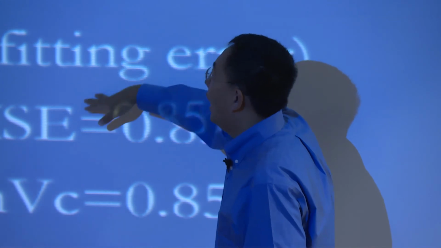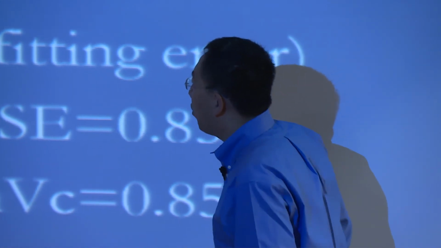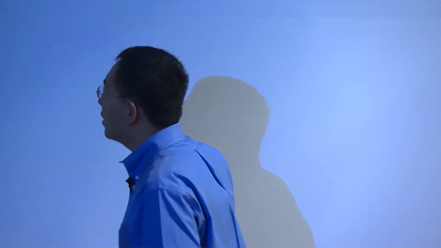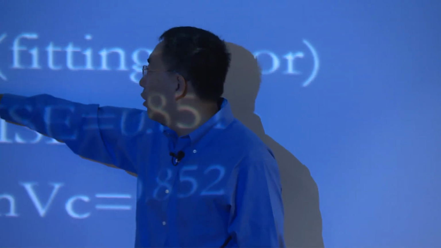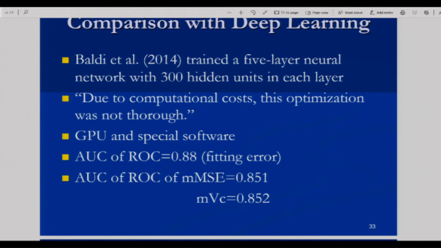Eventually, they report the so-called area under the curve. You calculate the ROC curve and then this area, and they got 0.88. There is no testing error; they just used the full 5 million data points.